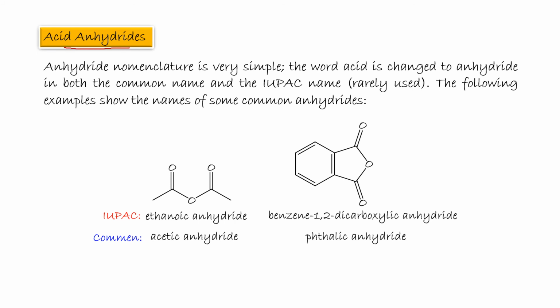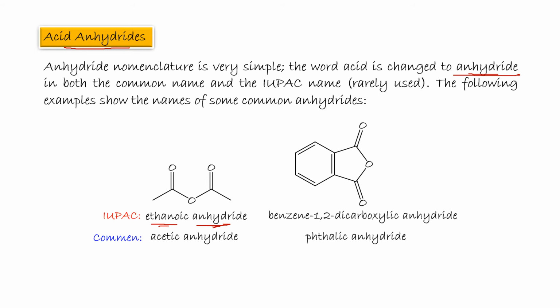Acid anhydride. Acid anhydride nomenclature is very simple. Just write the name of the acid and end with anhydride after a space. Here we have ethanoic anhydride, from 2 molecules of ethanoic acid. Eliminate water, it will be ethanoic anhydride.